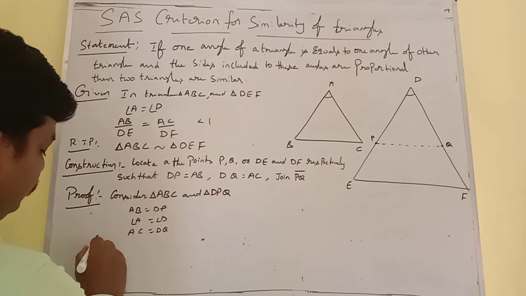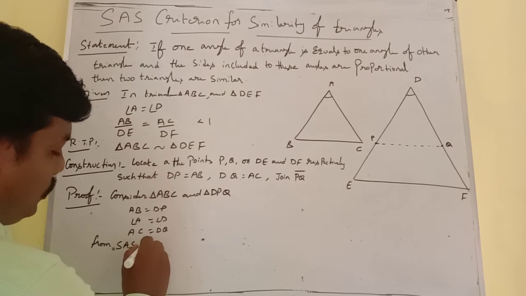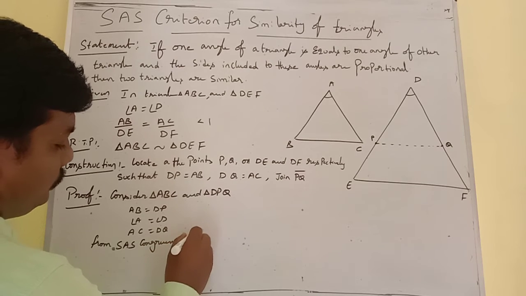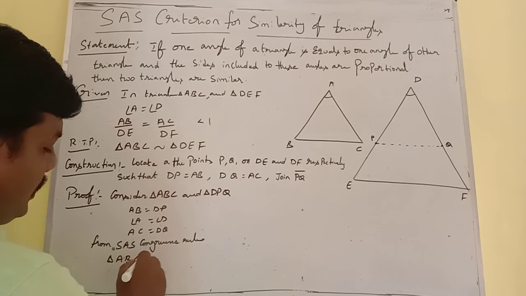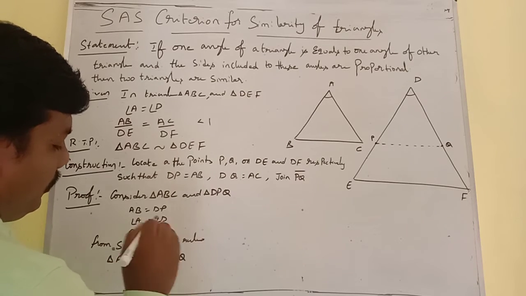So from the side angle side congruence rule, triangle ABC is congruent to triangle DPQ.